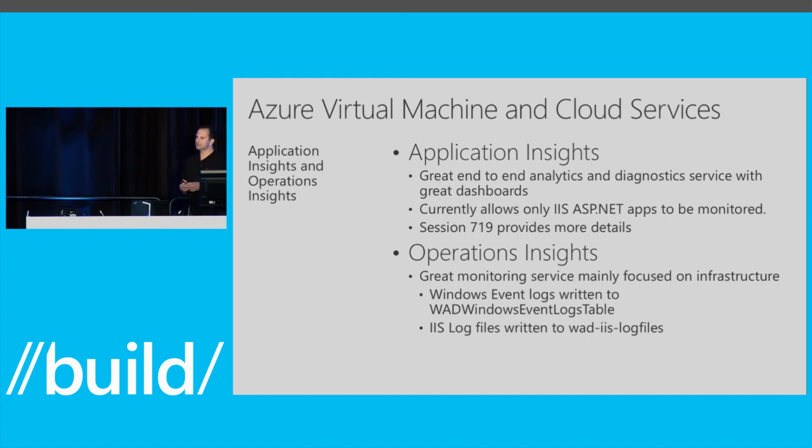Then there's Operational Insights, which also plugs into Azure Diagnostics and all that stuff that I've shown you. But currently, it only transfers data over from Windows Event Logs and the WAD Windows Event Logs table. So basically, it doesn't take your ETW data and things like that, but they're working on it as well. So I just want you to keep that in mind. Those are the two services that we provide, really great.